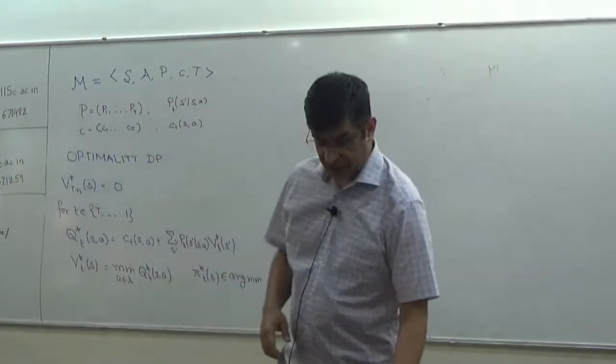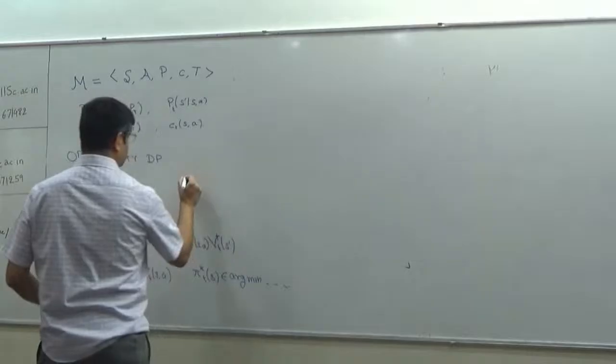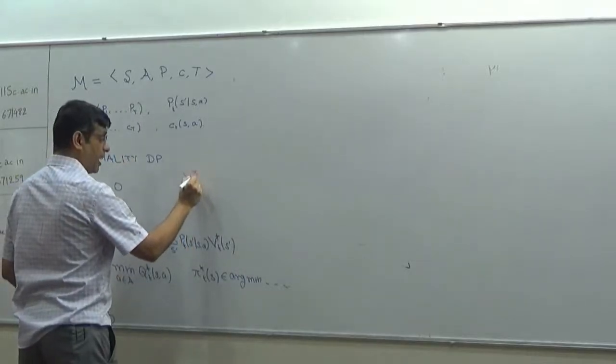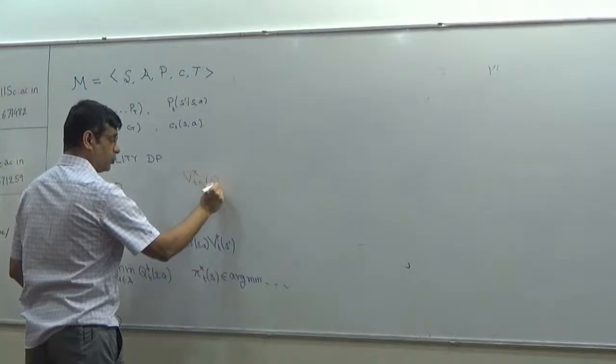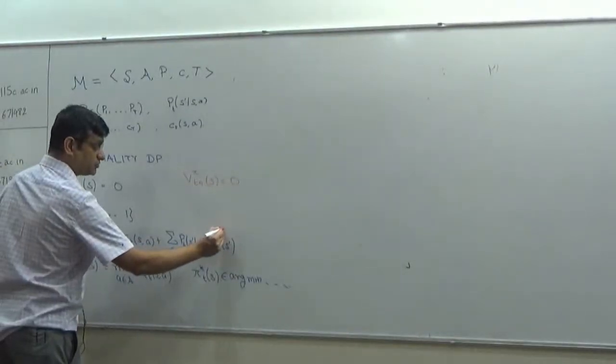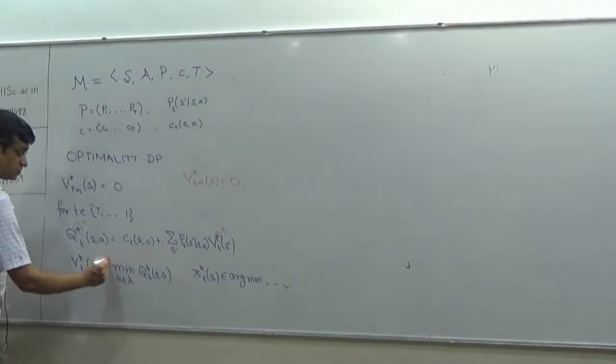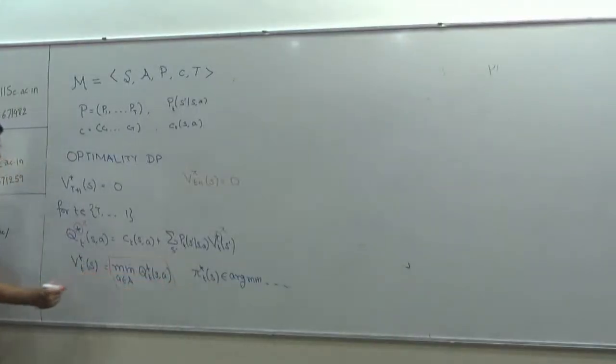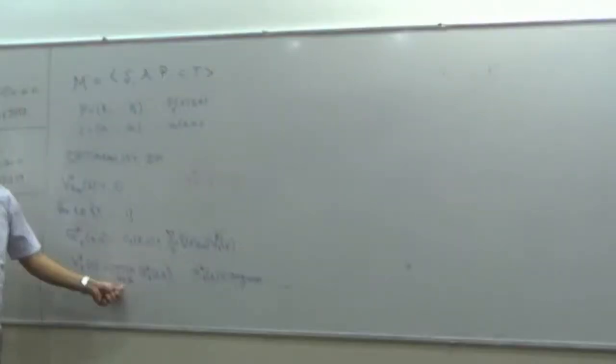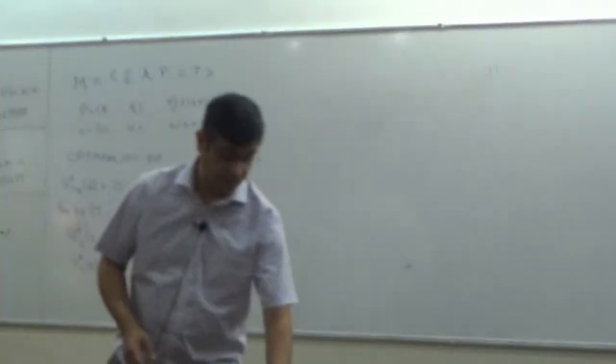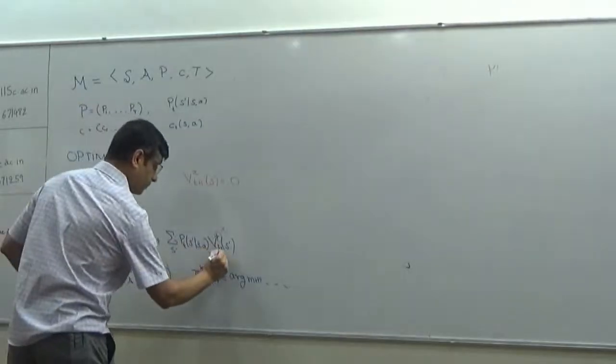I am starting with V pi t plus 1, which is 0, and at this step I am going to be replacing star by pi. Here I am also replacing star by pi, and in this step instead of doing minimization we are simply evaluating the q function at a particular time. So, the basic structure remains the same, except that instead of optimization I am doing evaluation. Yes, thank you. This should have been t plus 1.